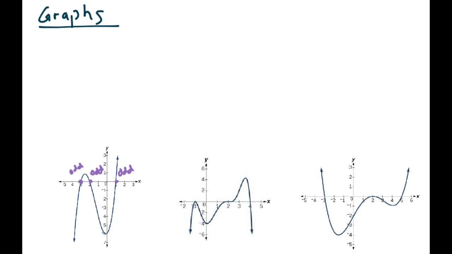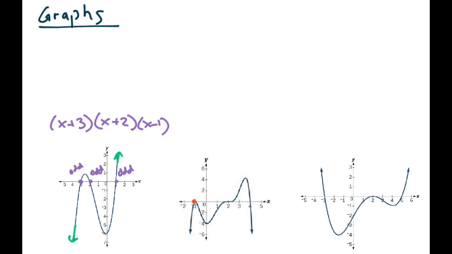So this graph, or equation, could be x plus 3 times x plus 2 times x minus 1. And the end behavior, it's going up on the right and down on the left, so it's positive and odd, which matches up.